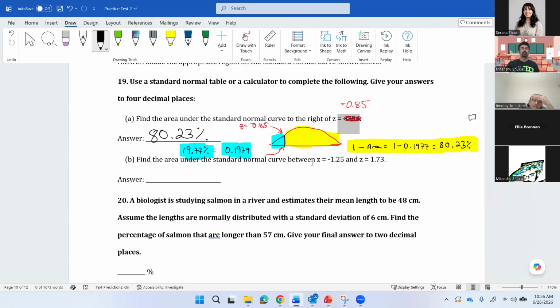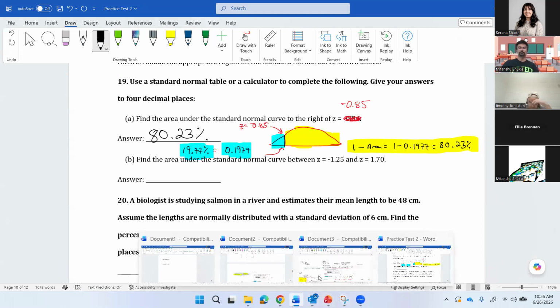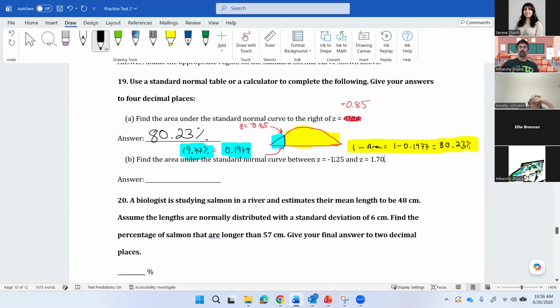Okay. Then for part B, they want us to find the area between negative 1.25 and positive 1.70. So let's find negative 1.25 on our z-score table.